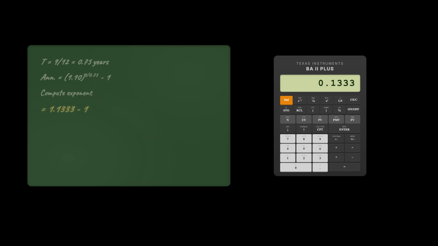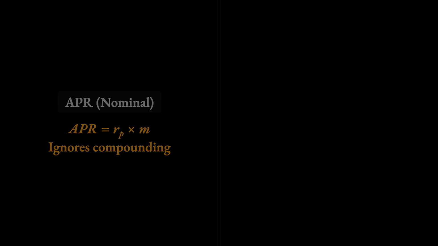We substitute 1.10 raised to the power of 1 over 0.75. On the calculator, that gives us 1.1333. Subtract 1, and the annualized return is approximately 13.33%. It's higher than 10% because you earned that return in less than a full year.